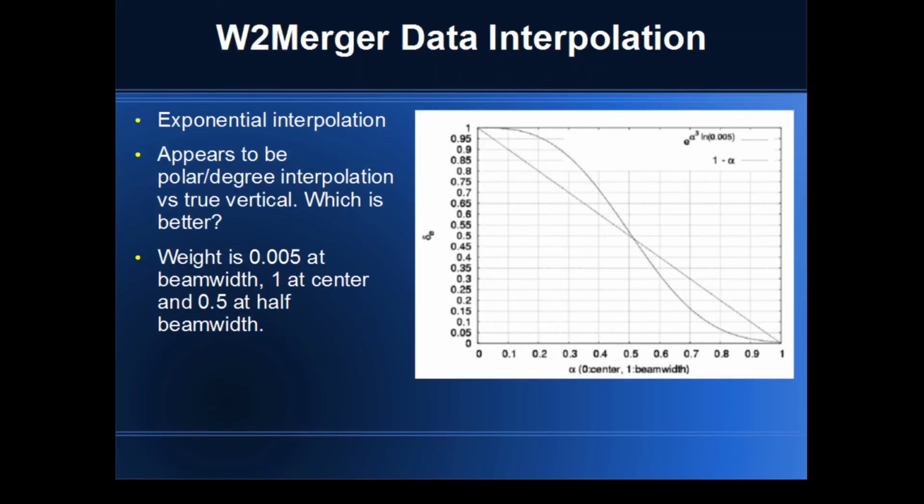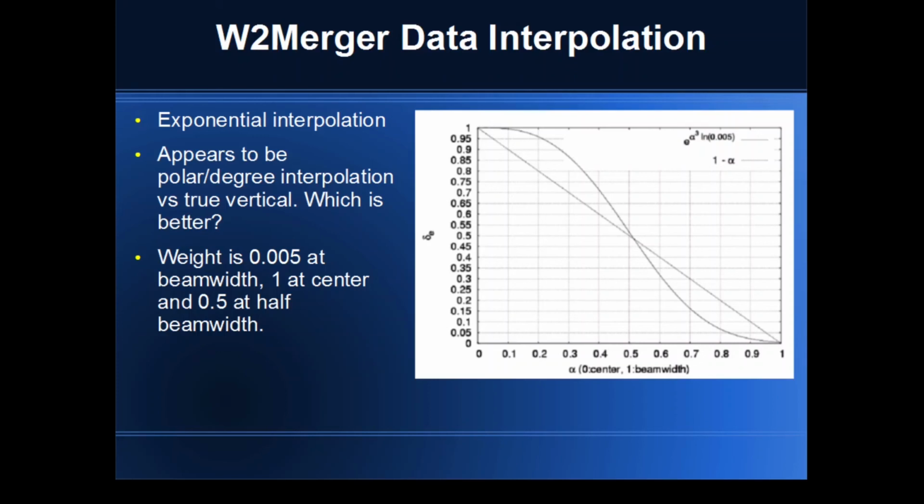As a counterexample, W2merger's interpolation process involves weighting the data exponentially when closer to the actual beam width. So it appears to be a polar degree interpolation versus true vertical. And the question is, which is better? I would assume that the merger's is better, and this is where we are going to go in the future.